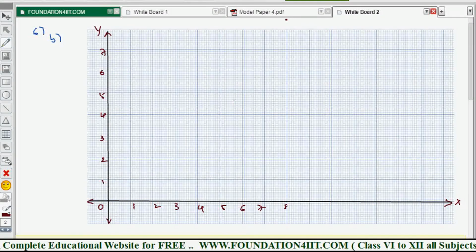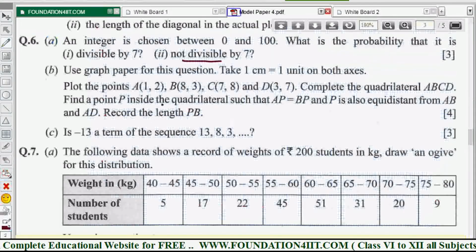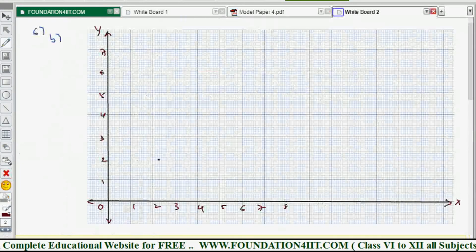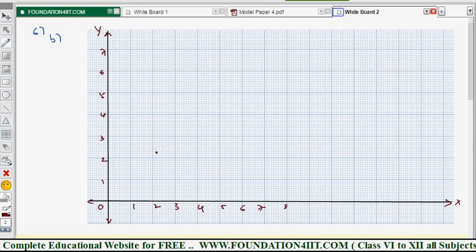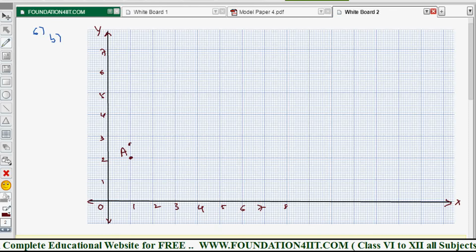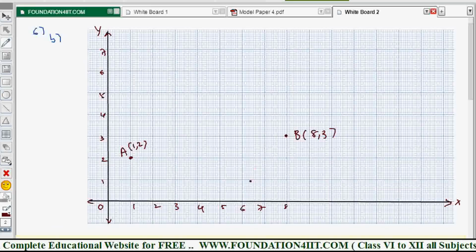So we need to plot the points A, B, C, D. A is (1, 2), B is (8, 3), C is (7, 8), D is (3, 7). So let's plot these points here. A is (1, 2). So this is A (1, 2), and B is (8, 3), and C is (7, 8) here.